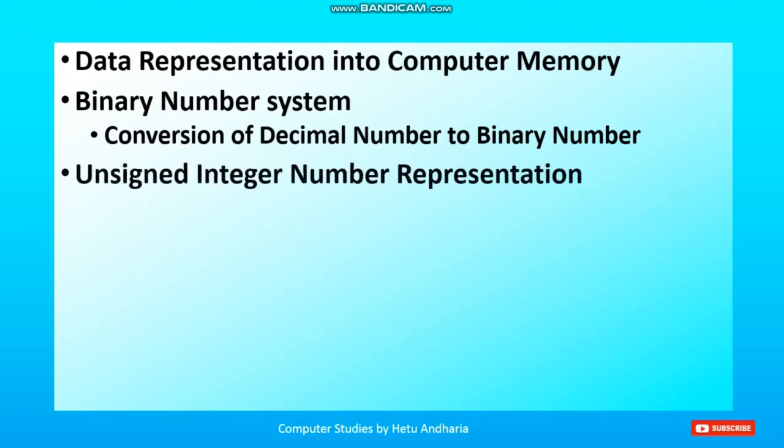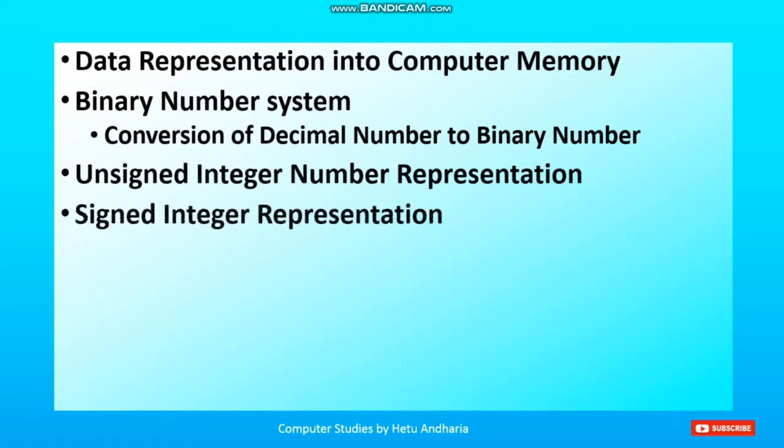Thereafter, unsigned integer number representation. Then signed integer number representation. Now what is signed or unsigned integer? Unsigned means a number which is not having plus or minus sign before that number is an unsigned number. We can say alphabet is an unsigned number, while signed means what?